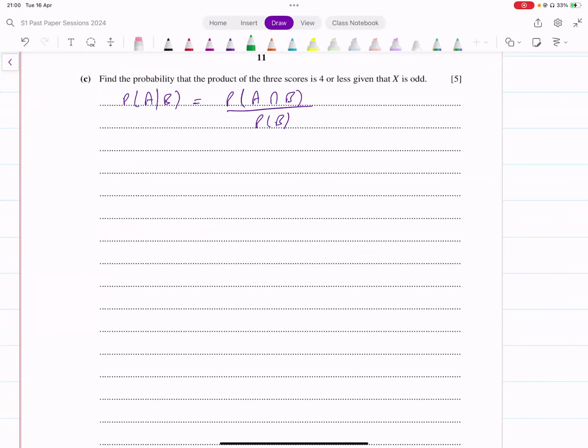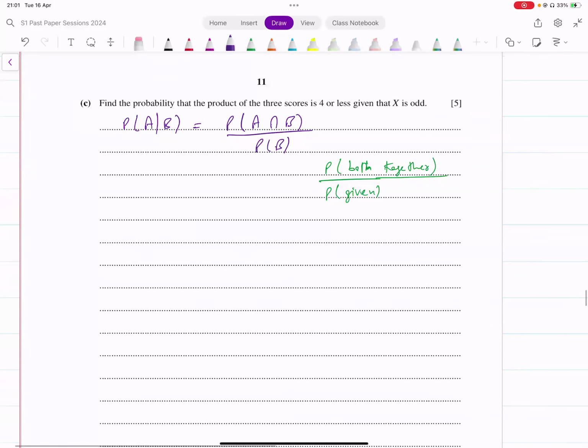In the numerator, you have the probability of both happening at the same time, divided by the probability of what is given. That's how you find conditional probability.